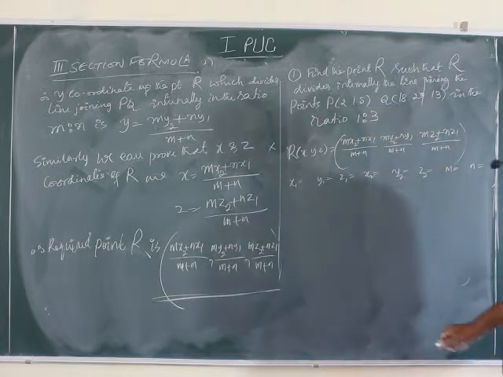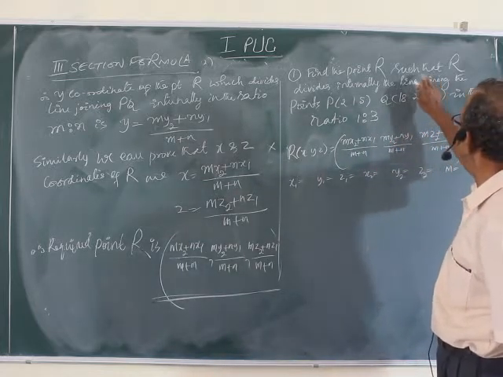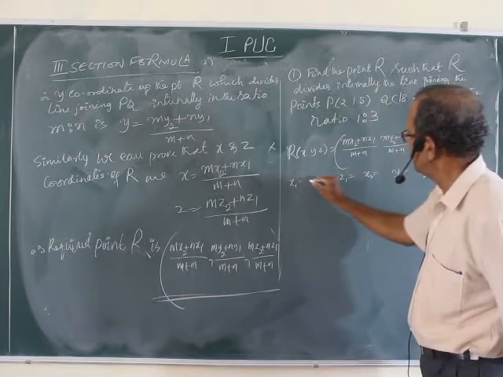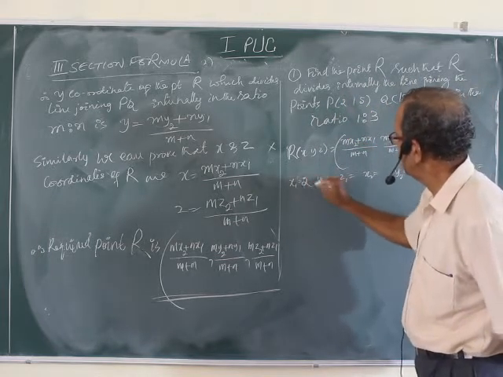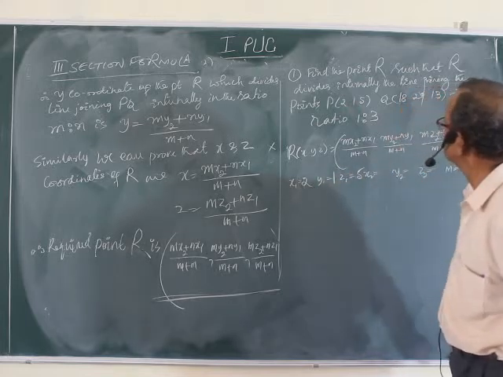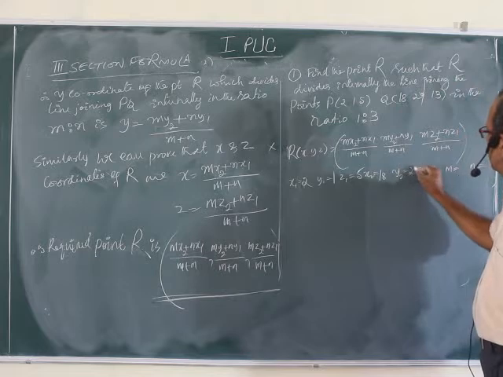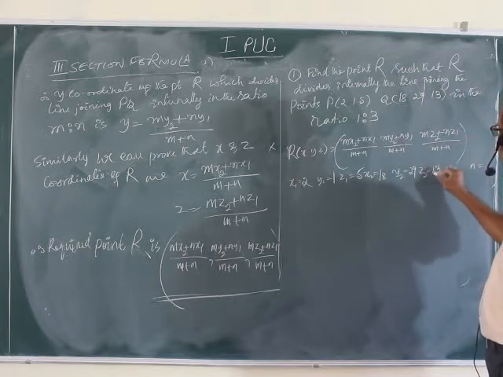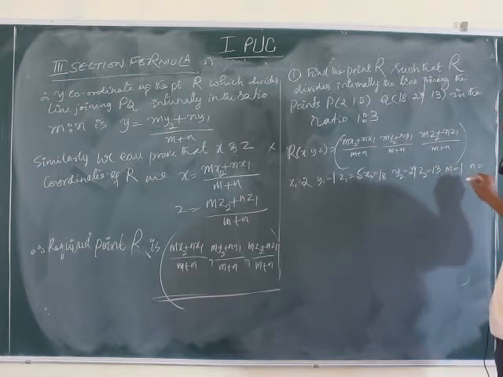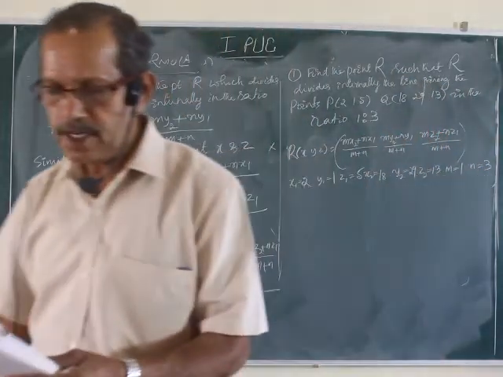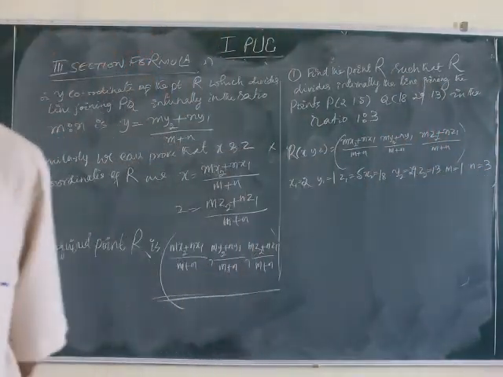Write carefully. In the previous problem we made some mistake. P is 2, 15, Q is 18, 29, 13. Ratio 1, 3. Fill in the values in the formula and get the answer.